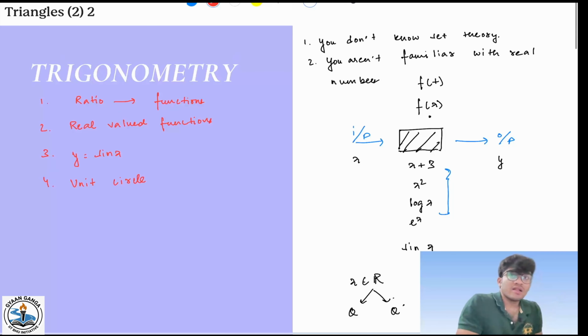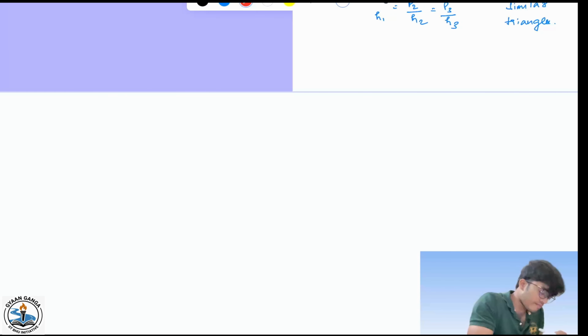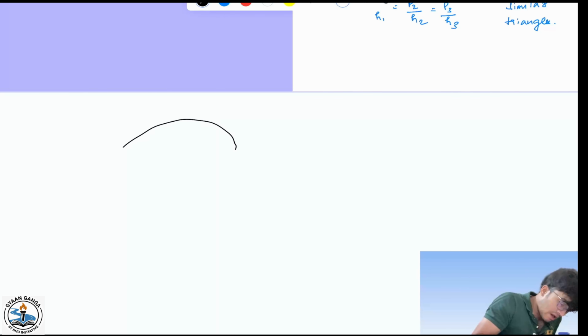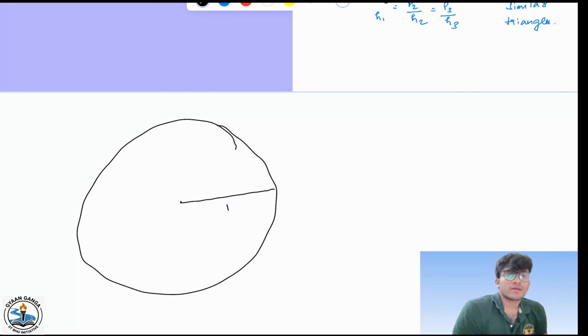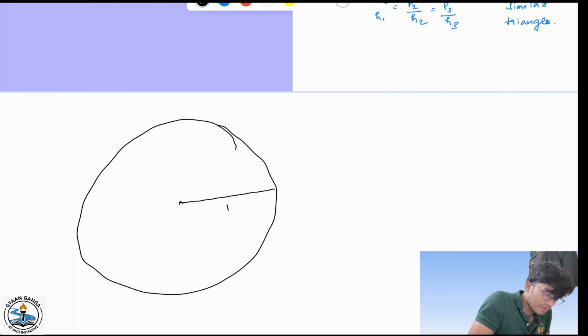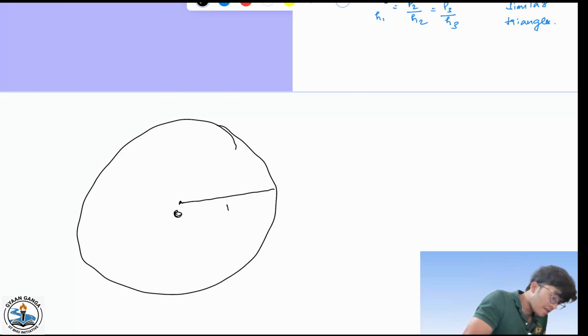A unit circle is the one for whom the radius is equal to 1 unit. So this is a unit circle. Now what you do is that you take a base, so this is the center O, and obviously this is, let's say, the horizontal base, and you measure x degrees.